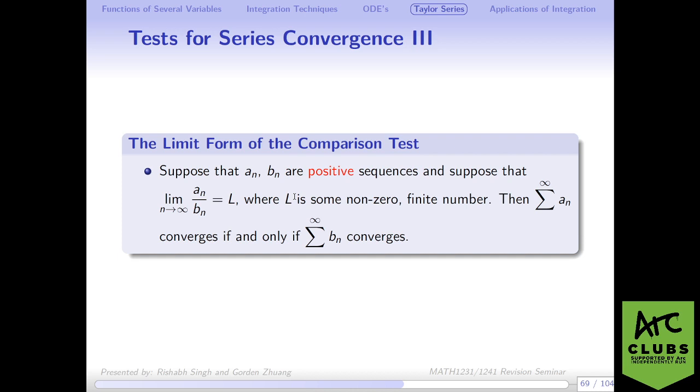When we take the ratio of the sequences and take the limit as n goes to infinity, and this ratio equals some L, where L is a non-zero finite number, then both these series either both converge or they both diverge. I haven't actually seen this come up much though.